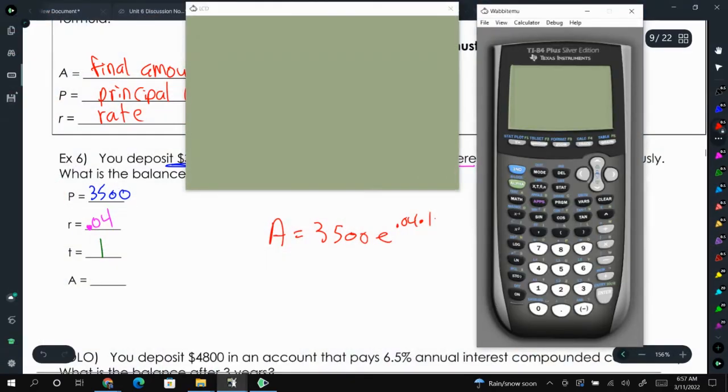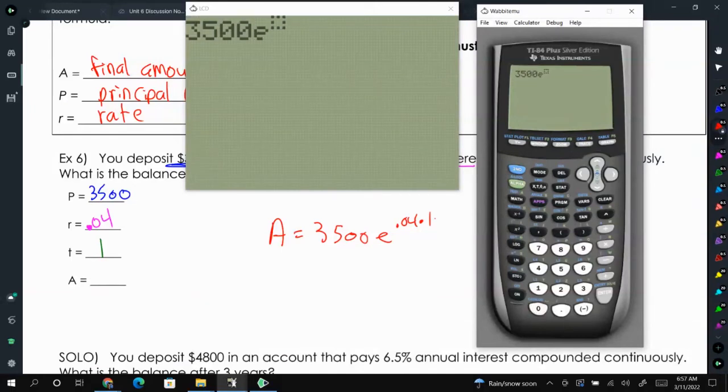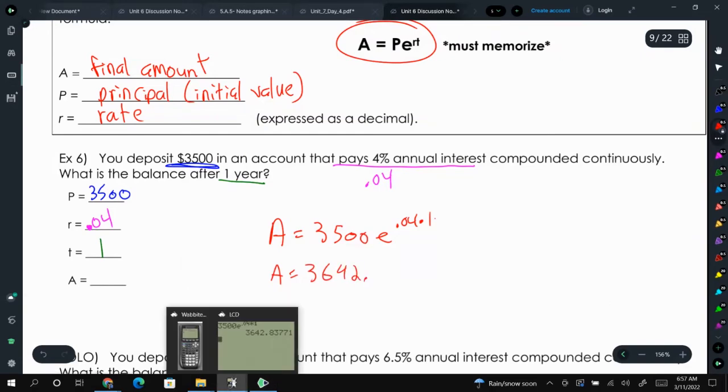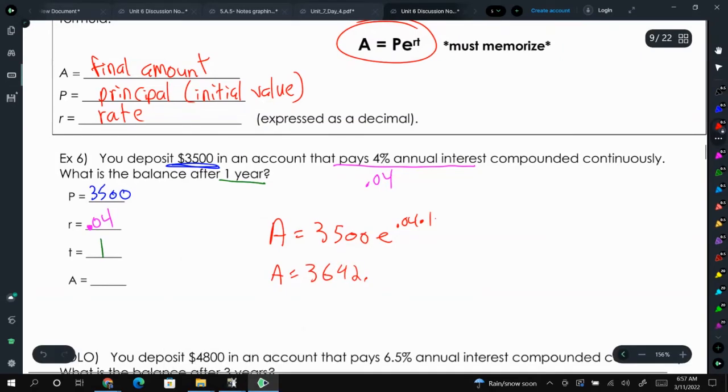And like I said before, we don't need to multiply that 1 in the exponent, but we're going to have some situations where our time is not 1. So I just want you to see where that goes. So we get $3,642.84. So that would be how much money we have at the end of 1 year.